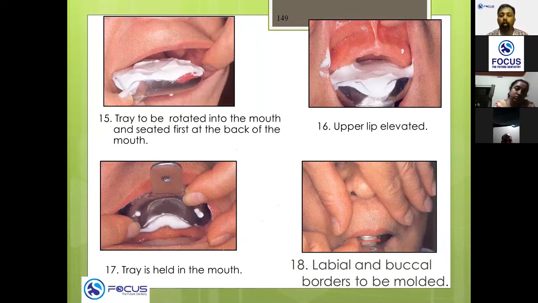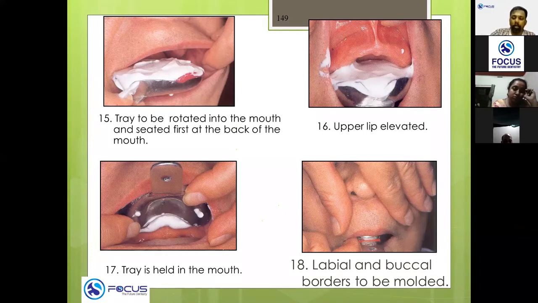Now, how to place the primary impression tray? First posteriorly, then anteriorly, so that the material flows anteriorly, not posteriorly, and we can record the alveolar sulcus properly.